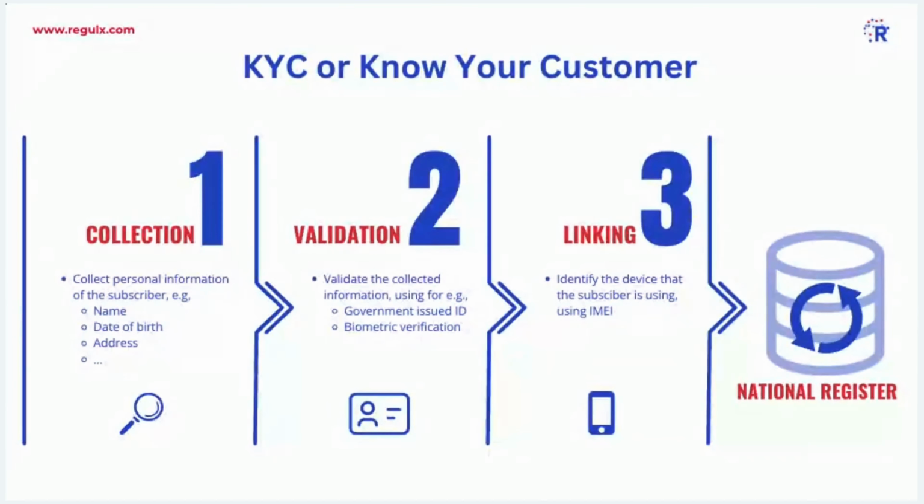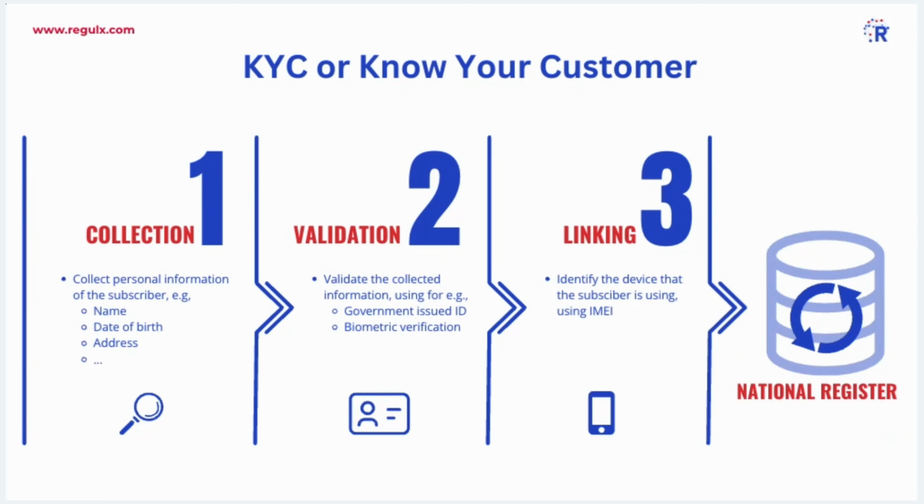So the telecom operators would like to know the name, date of birth, address of the subscriber, etc. Then they need to validate this collected information using government-issued IDs, maybe use a national ID to cross-check with some national database to see if the subscriber is who they are pretending to be. Telecom operators can also use some biometric verification like face recognition, etc.